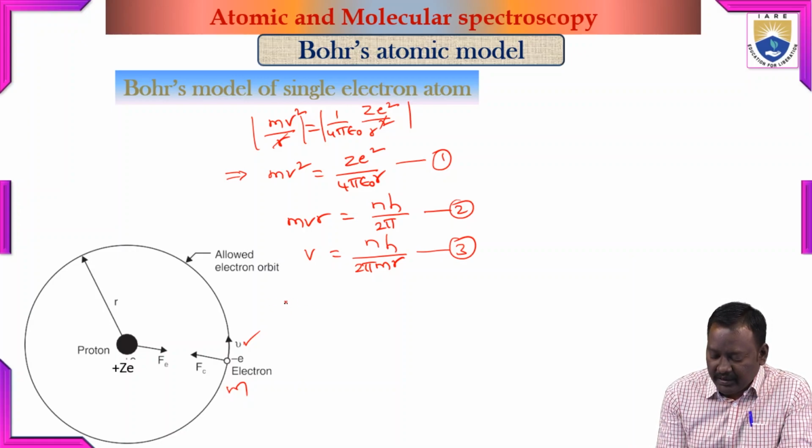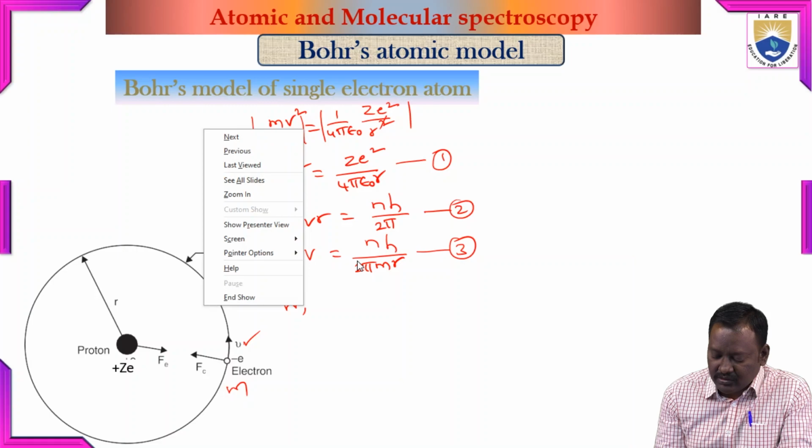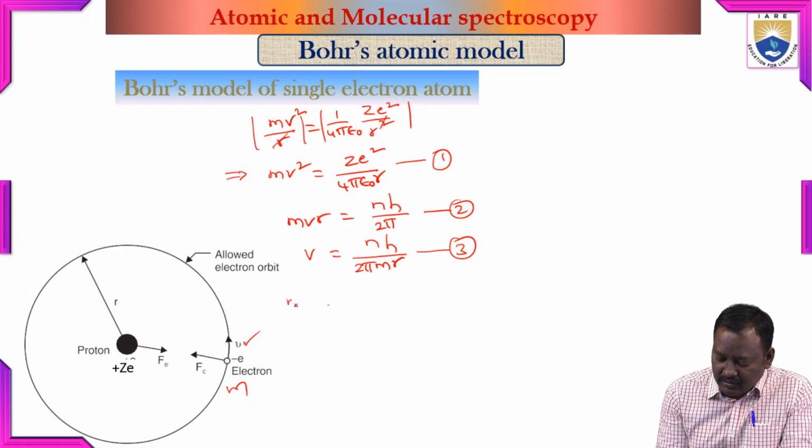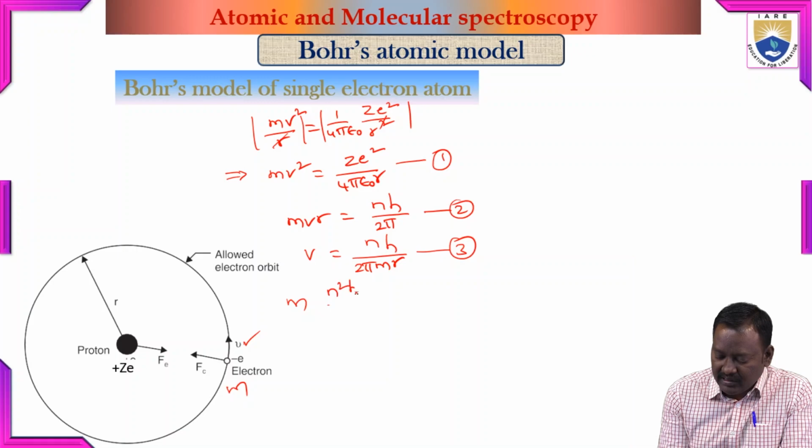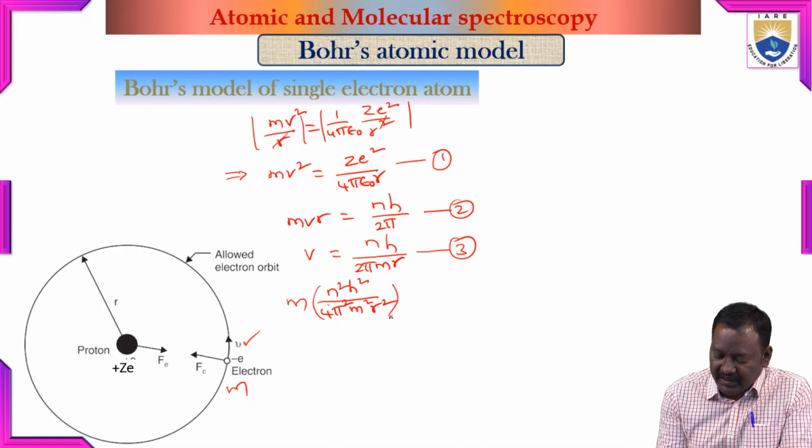So we will get m into v square, which means n square h square by 4 pi square m square r square. So n square h square by 4 pi square m square r square equals Z e square by 4 pi epsilon naught r.